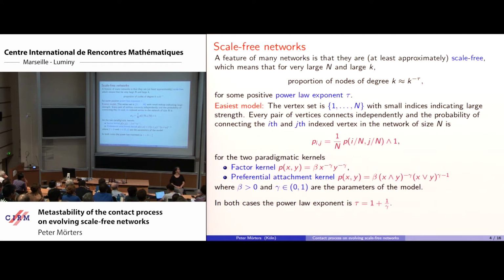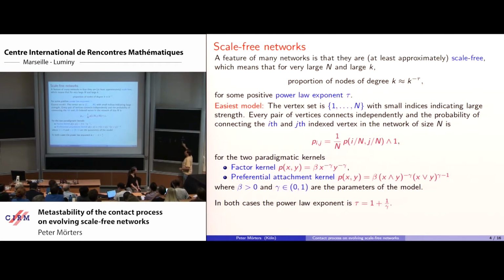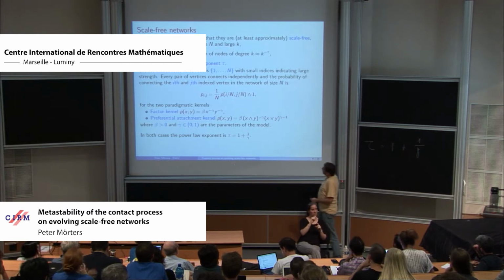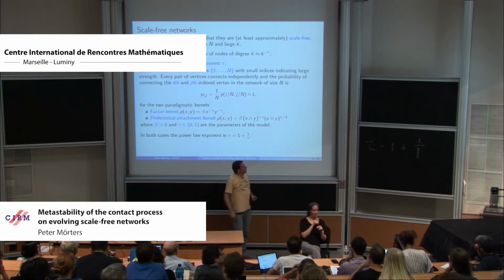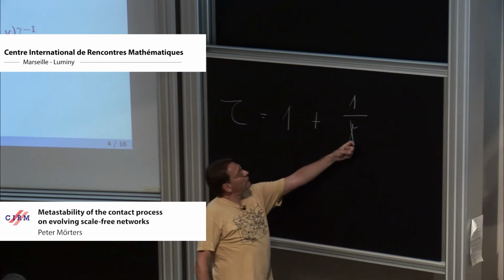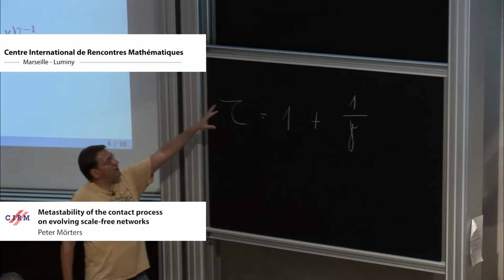So gamma is the parameter that we put in the model, but the really interesting feature is this tau, this power law exponent that we get. And when gamma varies from 0 to 1, this tau varies from infinity down to 2.